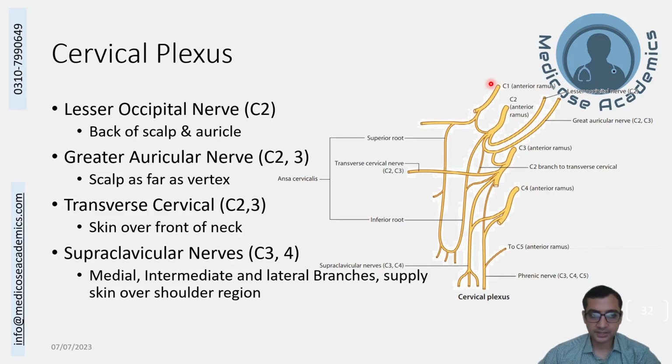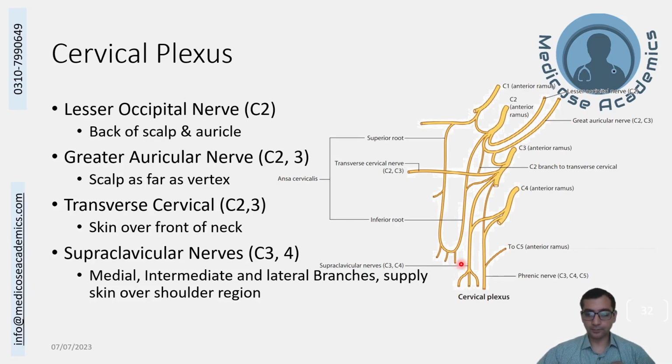So there are two going upwards, one going horizontally, one going down. The one going downwards is the supraclavicular nerve, coming from C3 and C4. They further divide into medial, intermediate, and lateral branches.